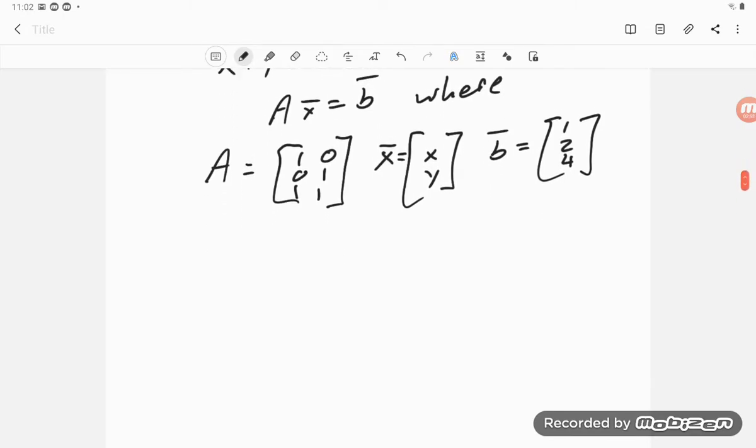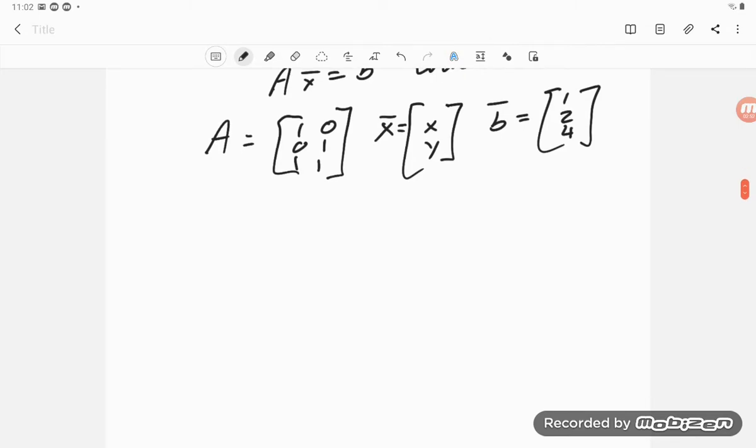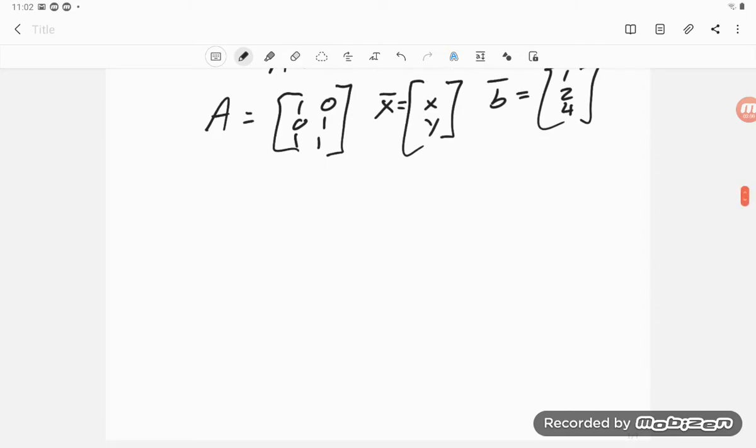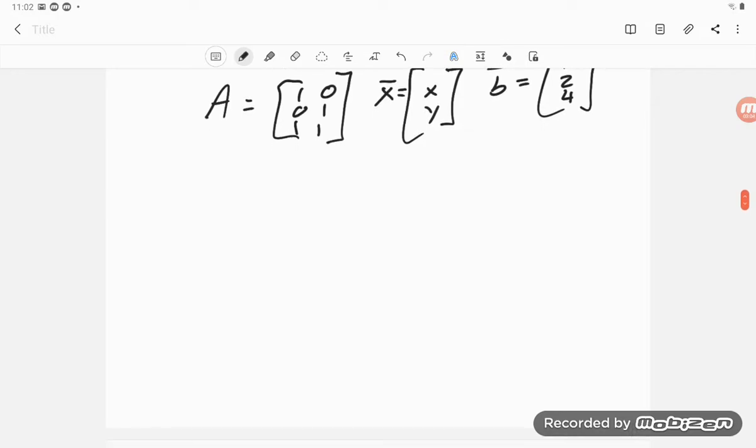And again, to me, this is a lot of trickery at this point in this solution, because we don't really see why it should work.